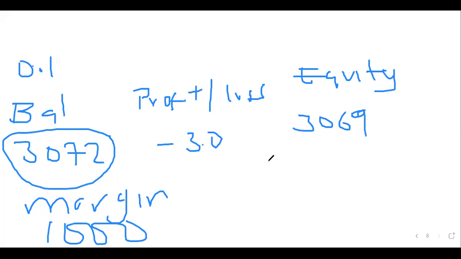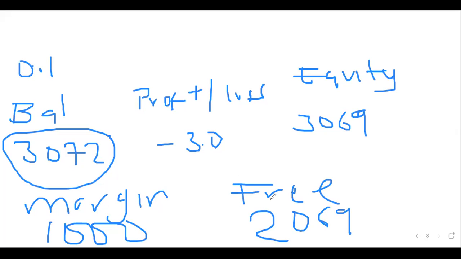If this trade continues to go in profit, the way it is now, your free margin, which is the difference between your margin and equity, will be 2,069, right? As it is. Can you open another position of 0.01?